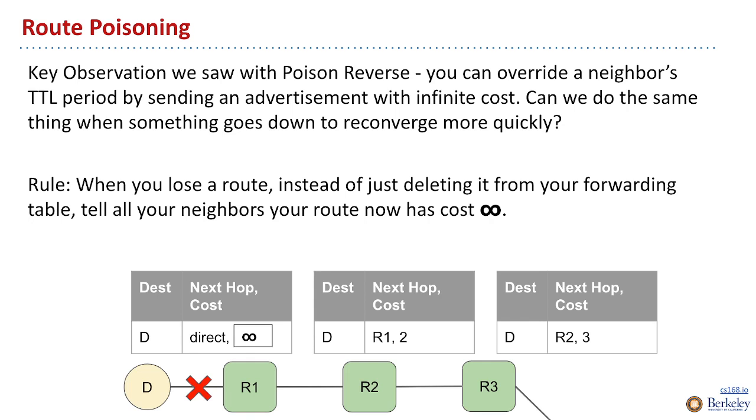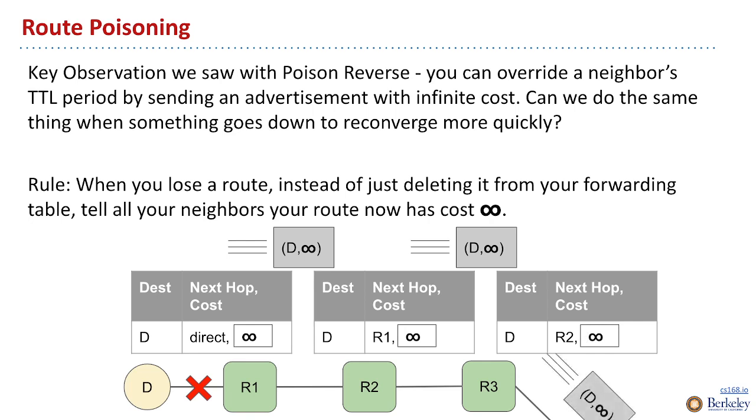Following route poisoning, R1 is going to advertise that infinity to R2 to let R2 know that R1 can no longer reach D. And R2 is going to update its table to say infinity to D. And now R2 is going to advertise to R3 and say, hey, my cost to D is now infinity. And that's going to continue onwards.